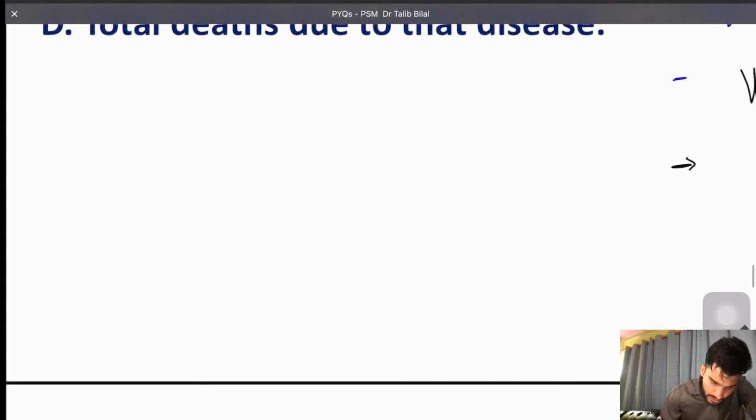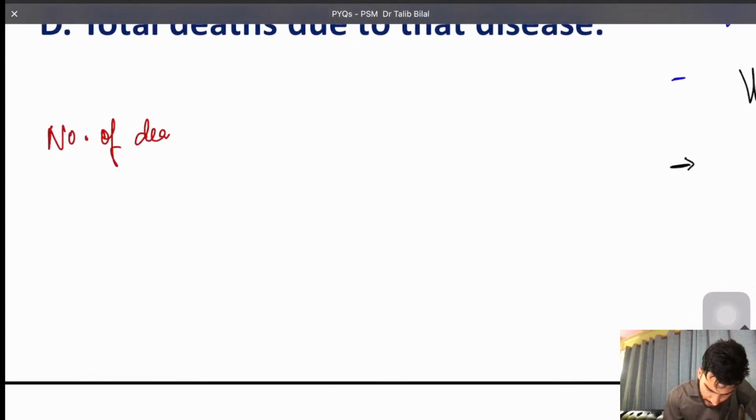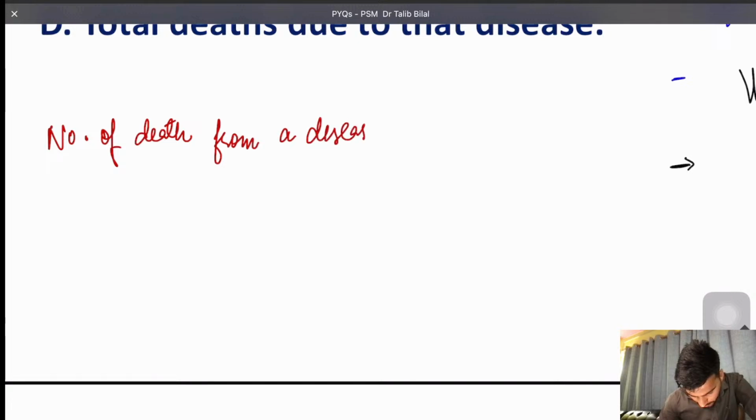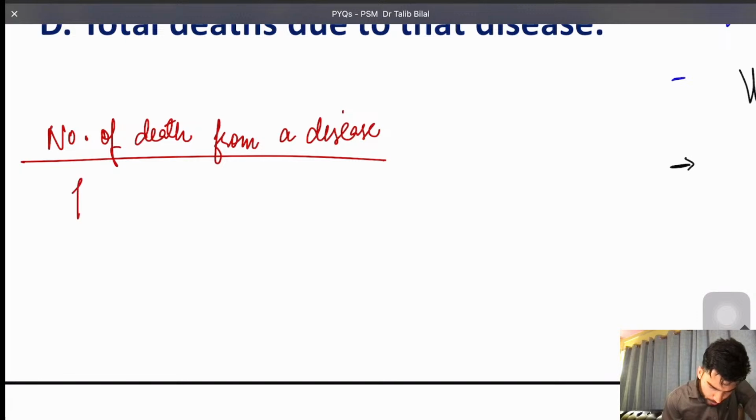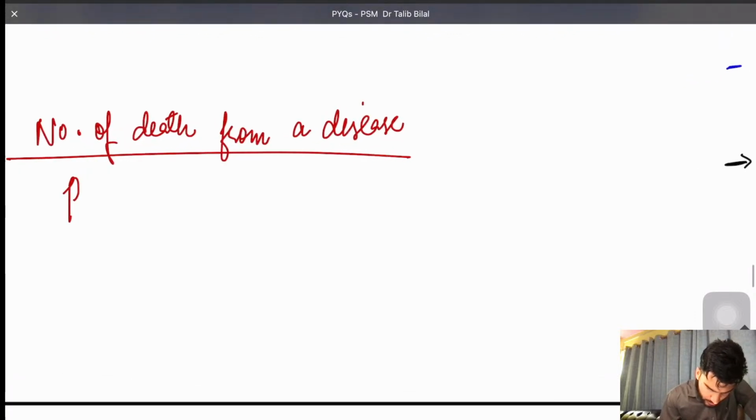Remember, it is measured as number of deaths from a disease over a defined period upon population at risk during that time.